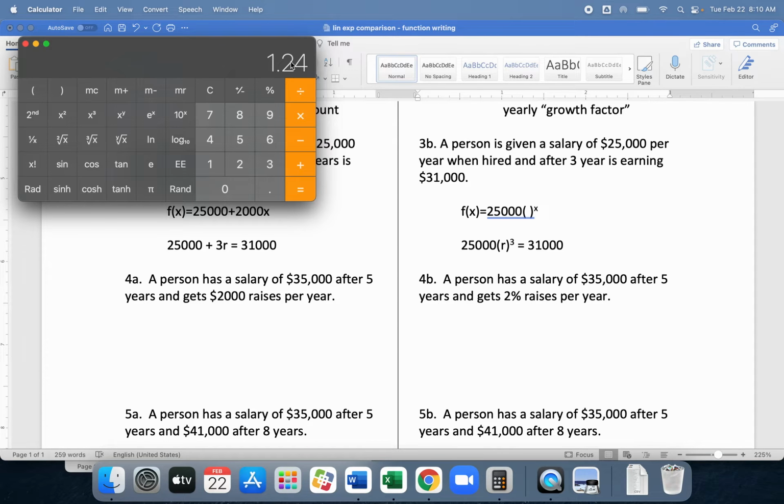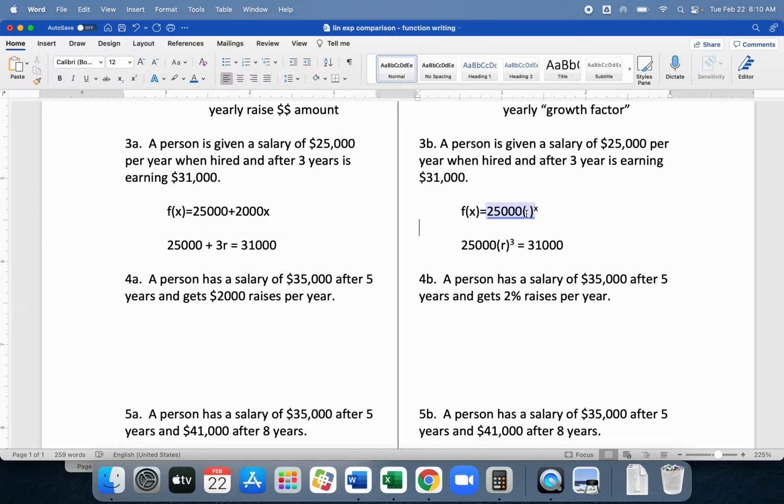But 1.24 is not the answer I want to write in this function. 1.24 is R cubed. So I need to take a cube root of that. I happen to have a cube root button here, so I'm going to click it. It's about 1.074. 1.074, approximately.